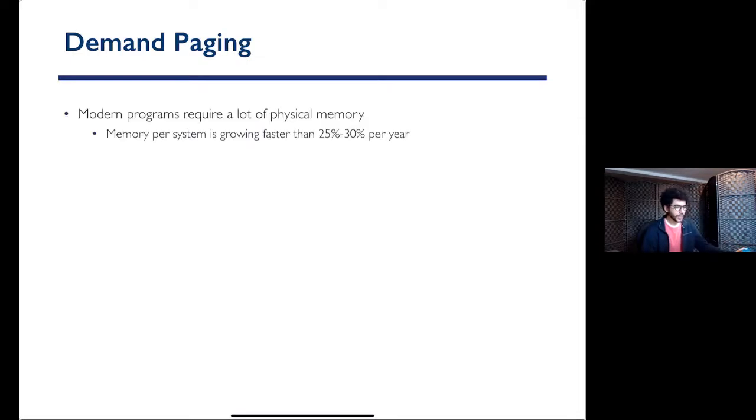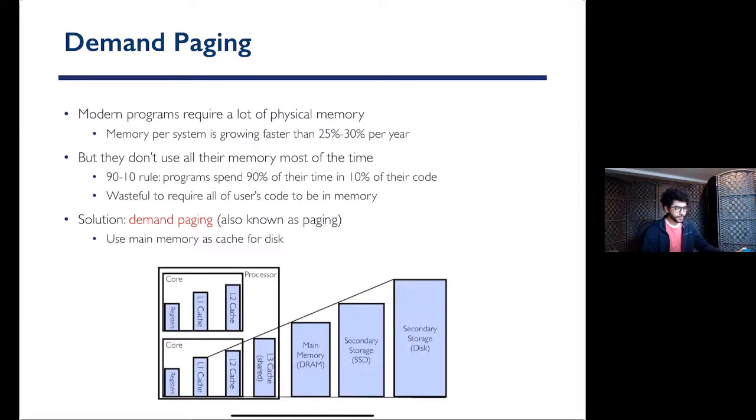Okay, so let's stop talking about the final and get into demand paging. Okay, so what is demand paging? At a very high level, demand paging means sharing or multiplexing the physical memory between processes.